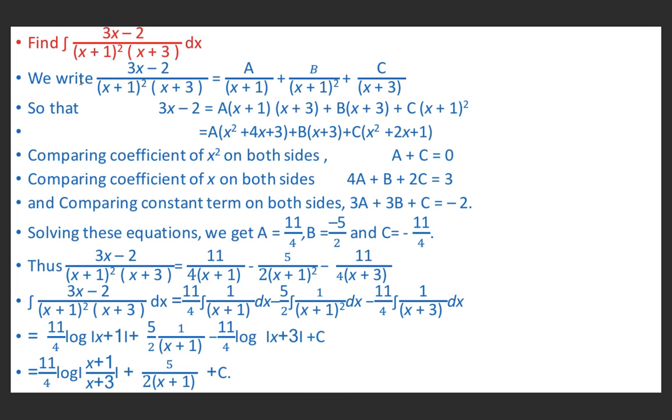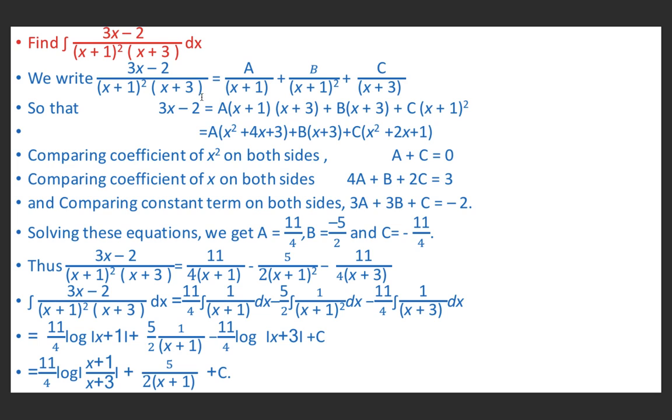Now we have one more example. How to find the integration of (3x minus 2) upon (x plus 1) whole square into (x plus 3). Here in the denominator, x plus 1 is a factor which is repeating twice and x plus 3 is a simple linear factor.